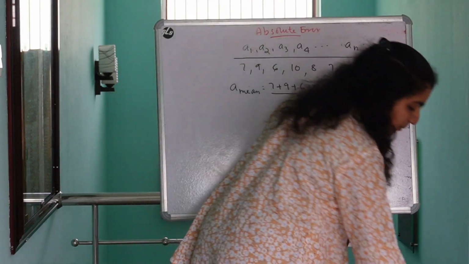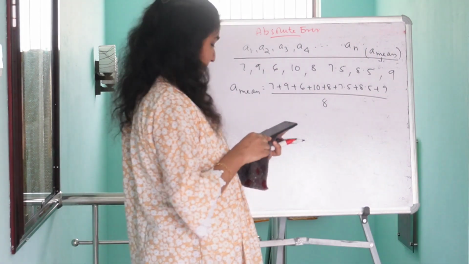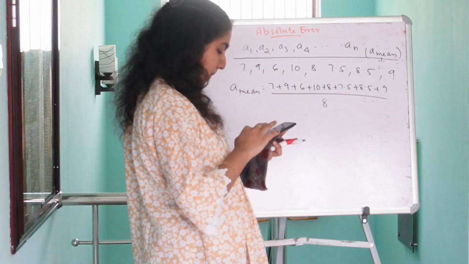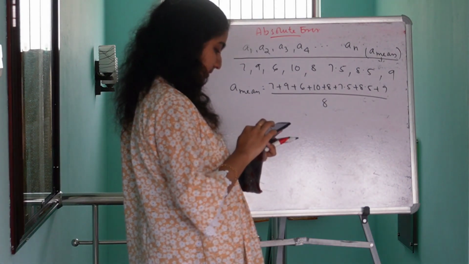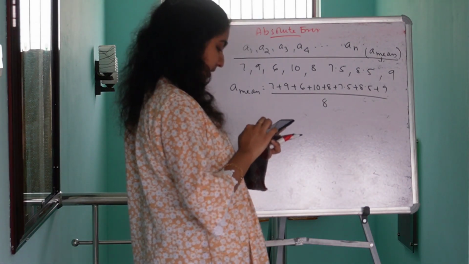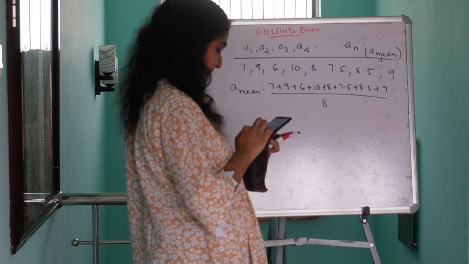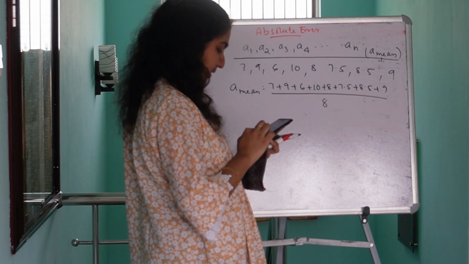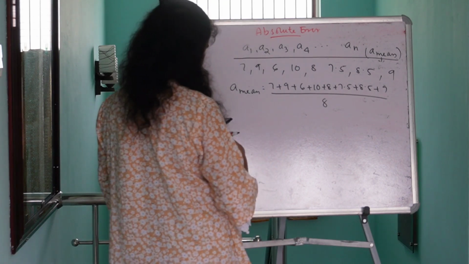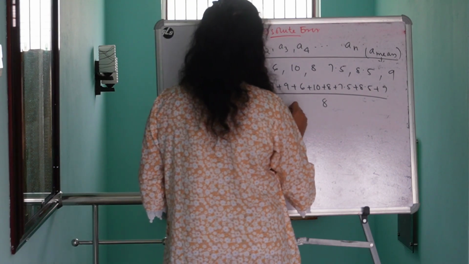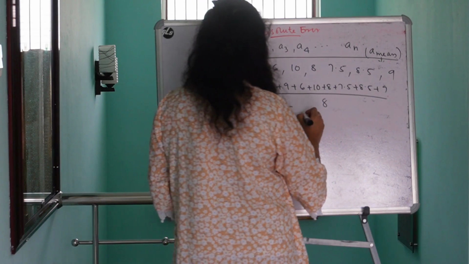Let me do this operation in the calculator, otherwise it takes so much time. 7 plus 9 plus 6 plus 10 plus 8 plus 7.5 plus 8.5 plus 9. So we got the total as 65, and we have to divide the total 65 by 8.